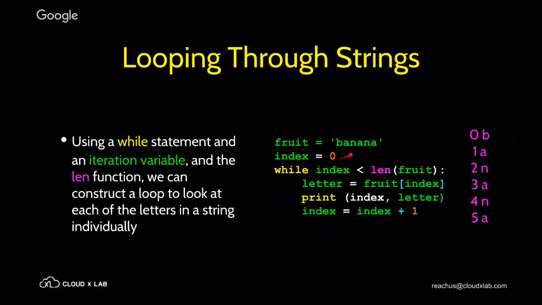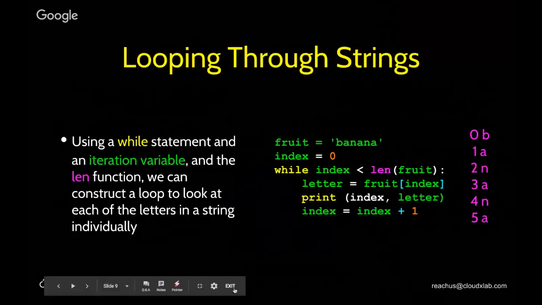Index is 0, while index is less than the length of the fruit, we are assigning the current character from this string into letter, and then we are printing it. So in banana, index 0 is b, 1 is a, 2 is n, and so on, right? That's how the index is.